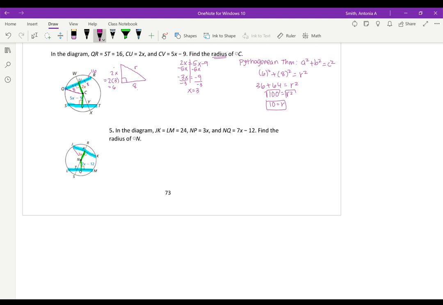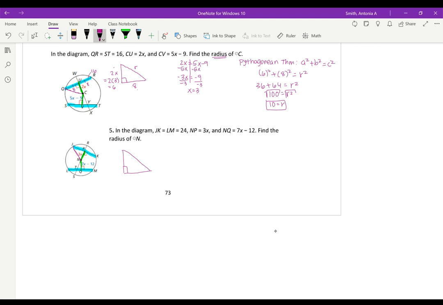So let me draw my radius on here from N to J. Again, that's only one possible radius, but the reason I'm using it is so I can use a right triangle. Let me draw my triangle on here real quick.